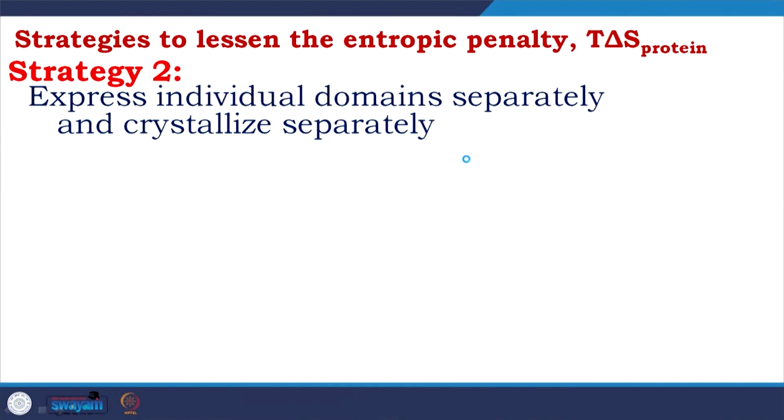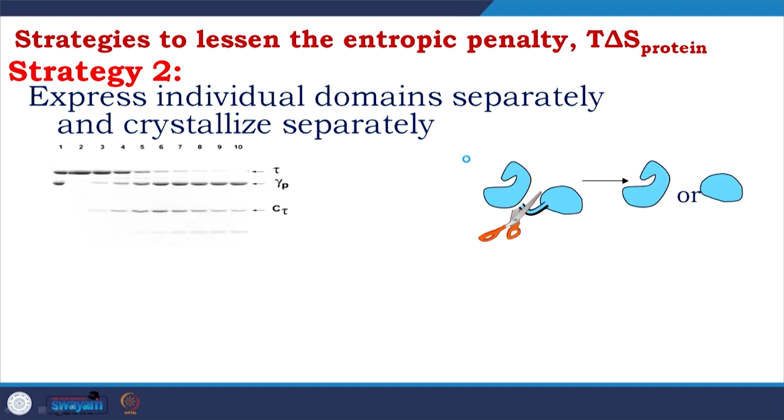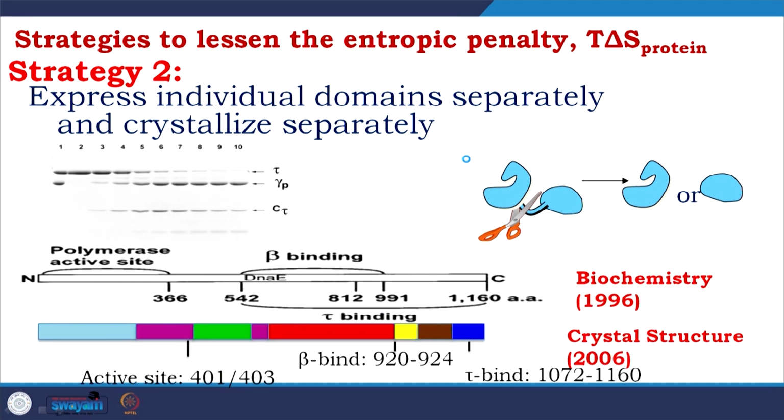Then express individual domains separately and crystallize separately. What does that mean? Suppose you have a big protein like that. What you do is something we call restricted proteolysis. You get the protein and add protease from very small to increasing concentration.